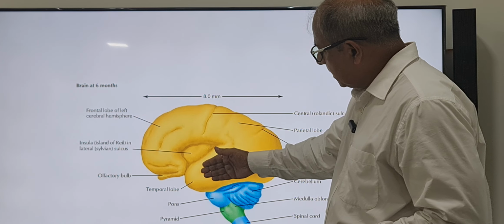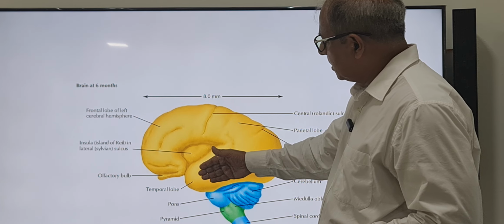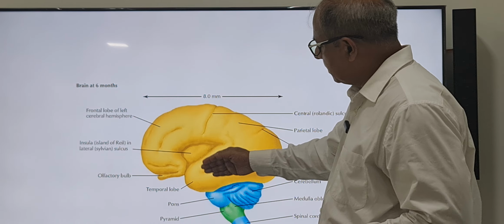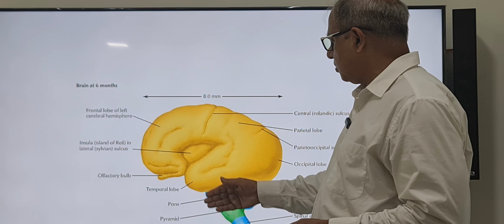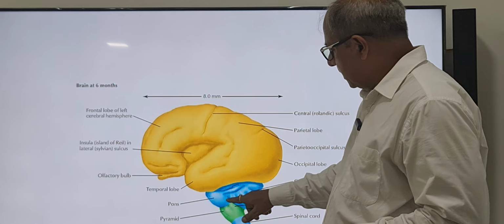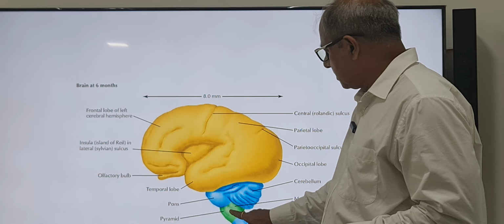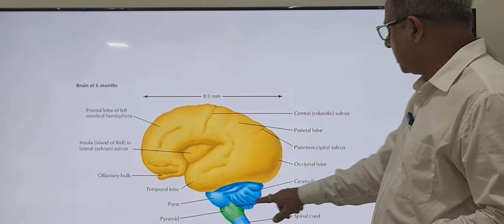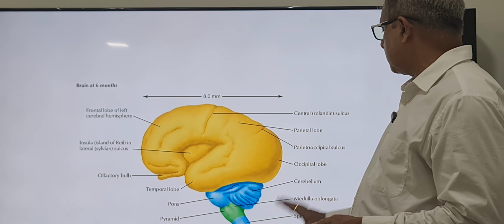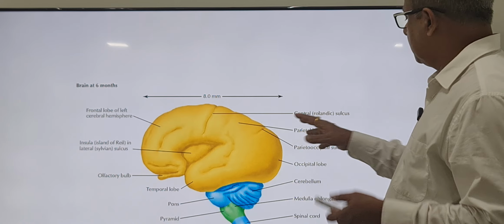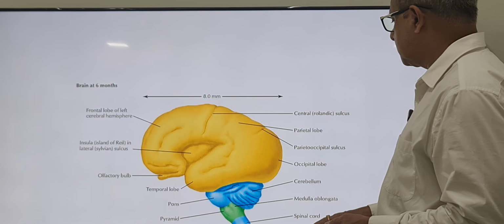The midbrain is here, and the diencephalon thalamus is inside, covered by this temporal lobe. Below that you can see the myelencephalon, pons and cerebellum, and this is the pyramid, and this is the medulla oblongata from the metencephalon, and the spinal cord. This is the basic arrangement of the brain which happens in the fetus at 6 months.